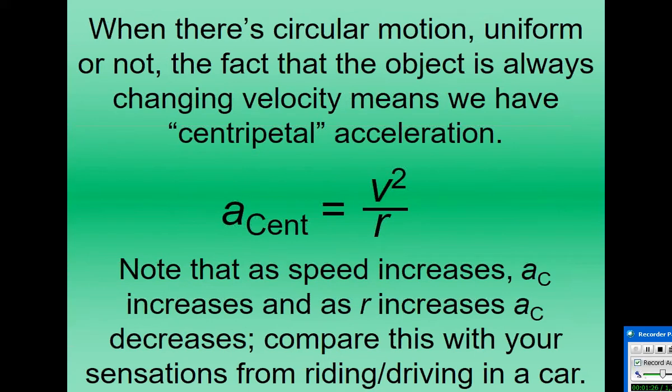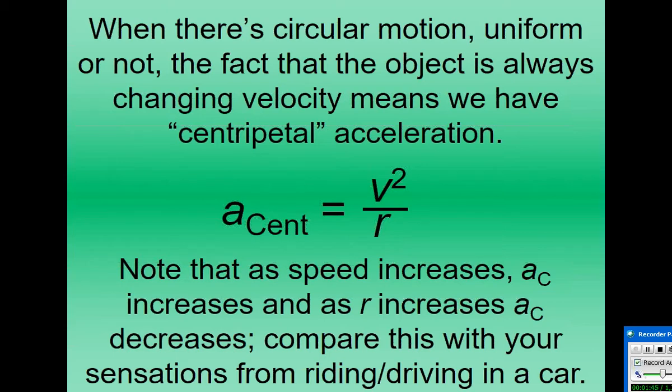What is that acceleration? If you're going around in a circle, and this is true whether or not you're going around at a constant speed, you are affected by a type of acceleration called centripetal acceleration.